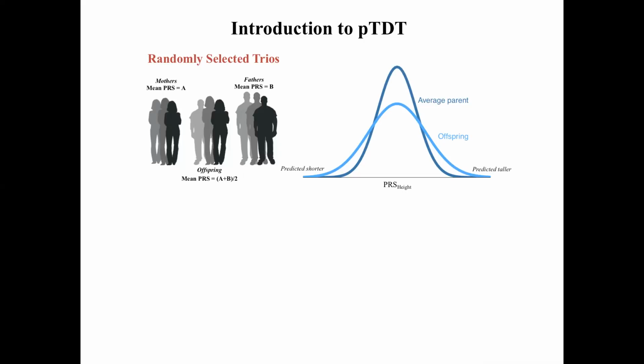you wouldn't expect any average deviation between the average polygenic risk score, which here has reduced variance because it's the average of mom and dad, and the polygenic risk score distribution of the offspring.